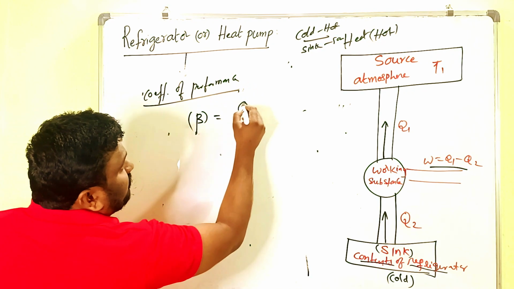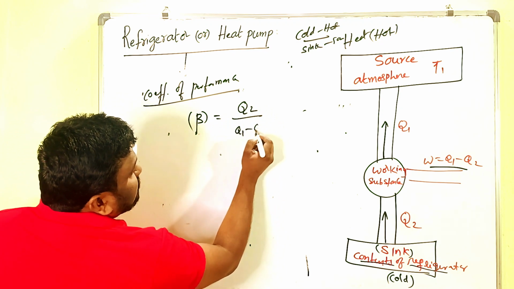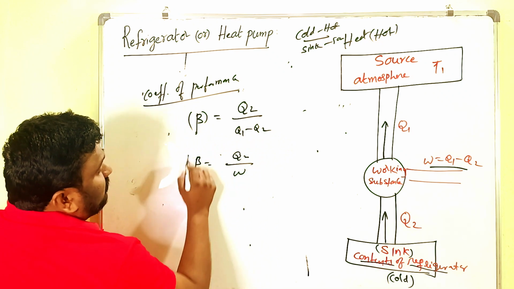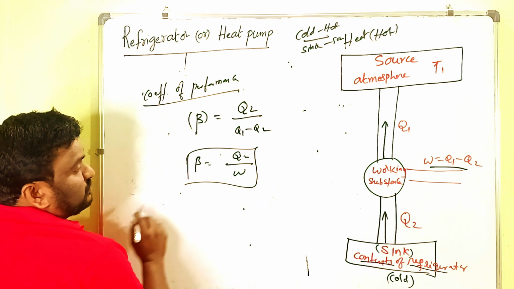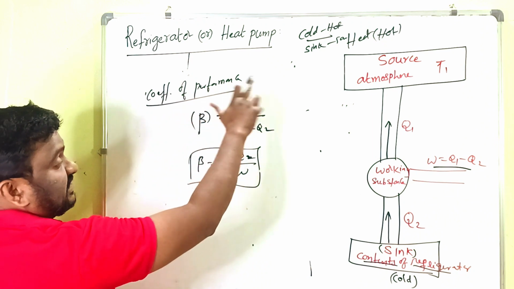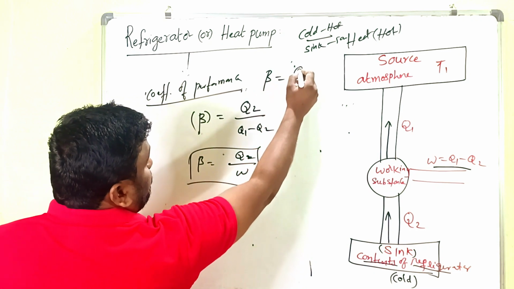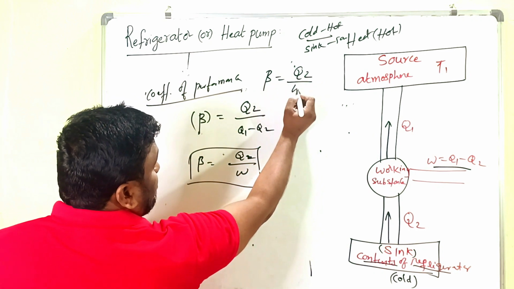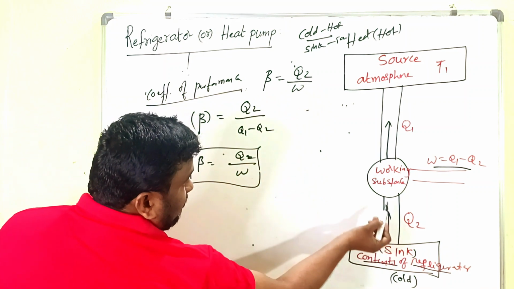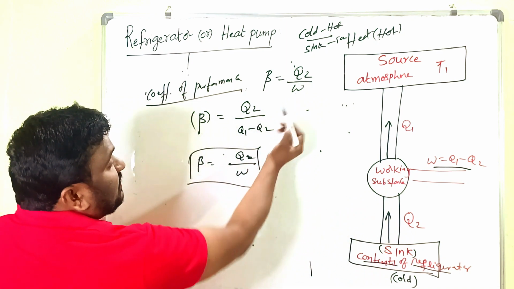Beta is equal to Q2 by Q1 minus Q2, that is, Q2 by W. So beta is equal to Q2 by W. The coefficient of performance of a refrigerator is given by the ratio of Q2, the amount of heat absorbed from the sink, to the amount of work done on the working substance.